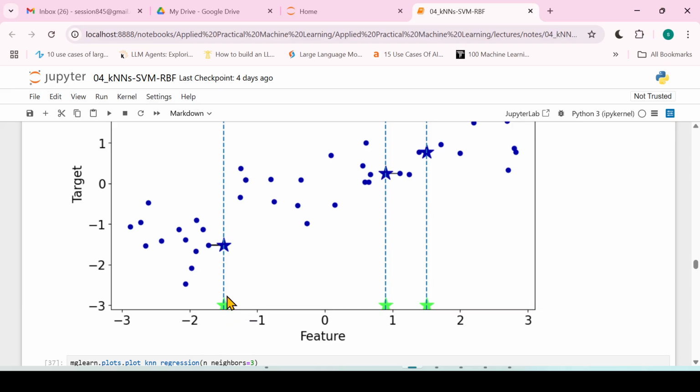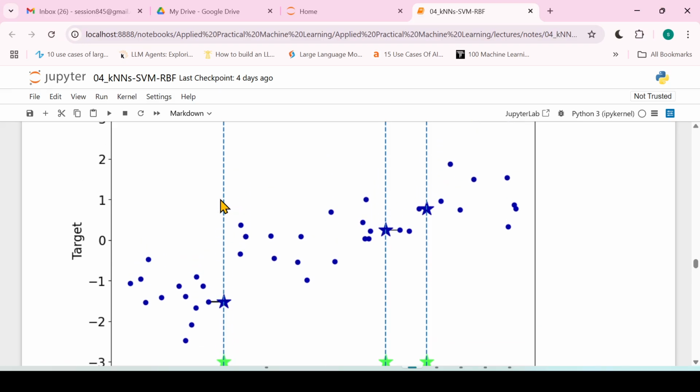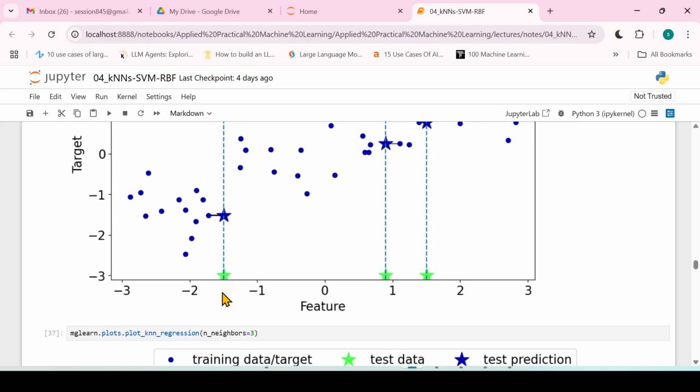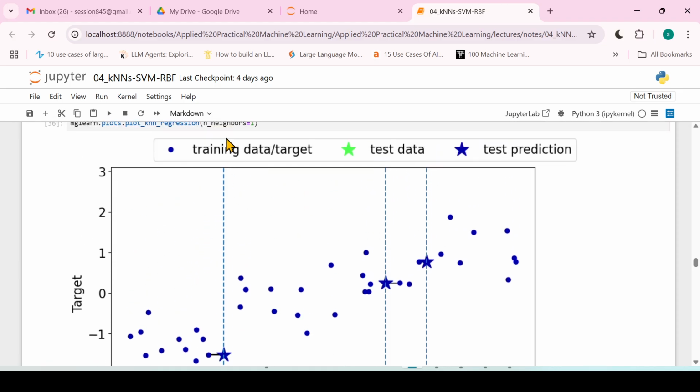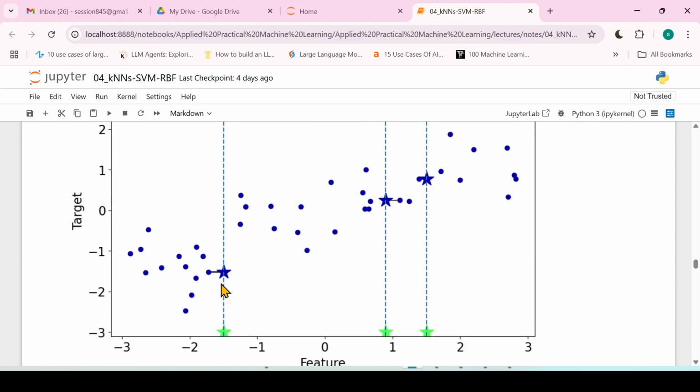If we want to predict what would be the value for the test example, because it is one dimensional, if we take a straight line to the y-axis, we'll see the closest example to this star is this example.